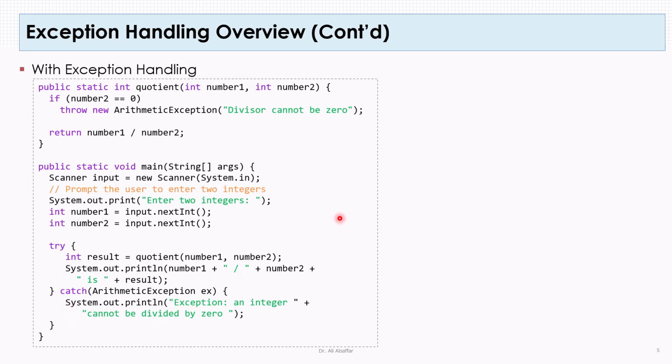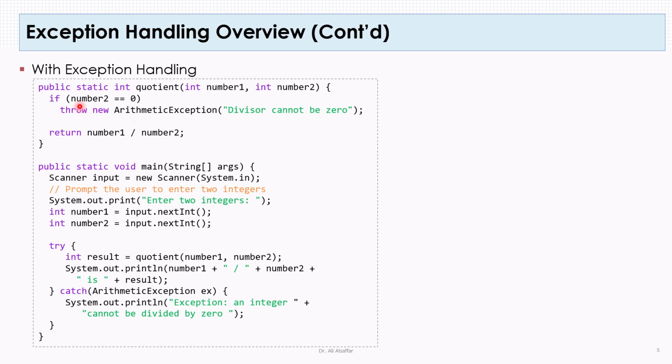So let us see how our program works. We use a try and catch block inside the main method, and we call the method inside the try statement. After reading the 2 numbers, number 1 and number 2, we call the method quotient, supplying number 1 and number 2 as input parameters. Then we jump to the quotient method.